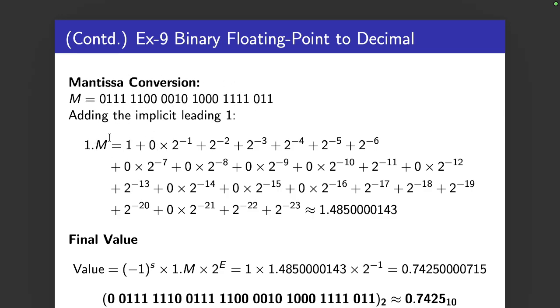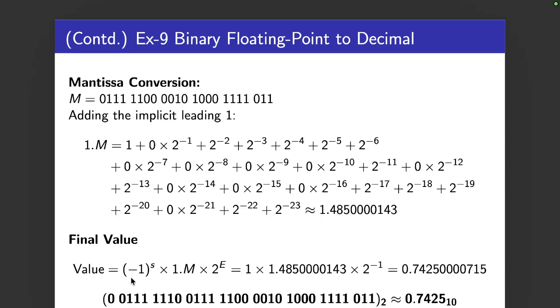So 1 plus 0 for these zeros, then 1 times 2 to the power minus 2, and so on up to the last bit, 1 times 2 to the power minus 23. So 1 point m in decimal form is this.